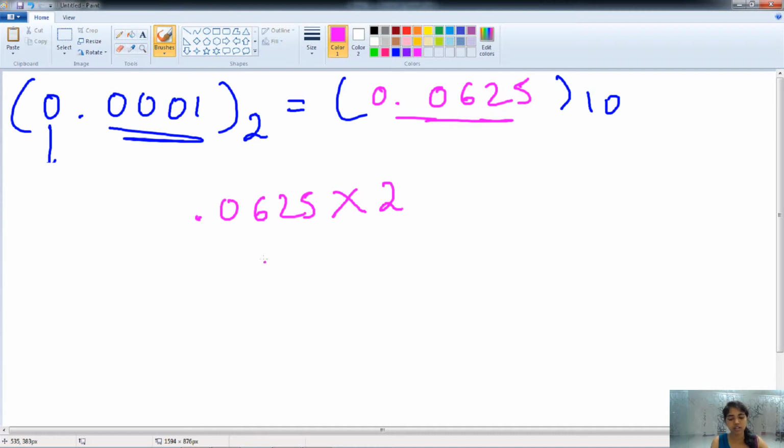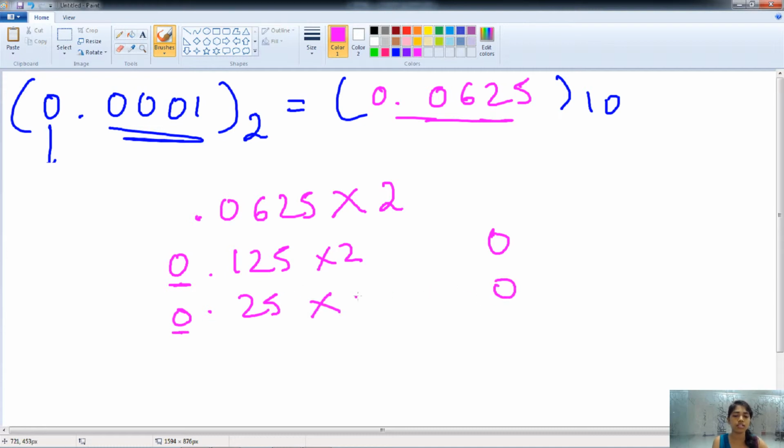So 0.0625 into 2 would give us 0.125. We have got 0, so we will transfer this 0 here. Now 0.125 into 2 would give us 0.25. We will transfer this 0 here and multiply this 0.25 with 2 again.